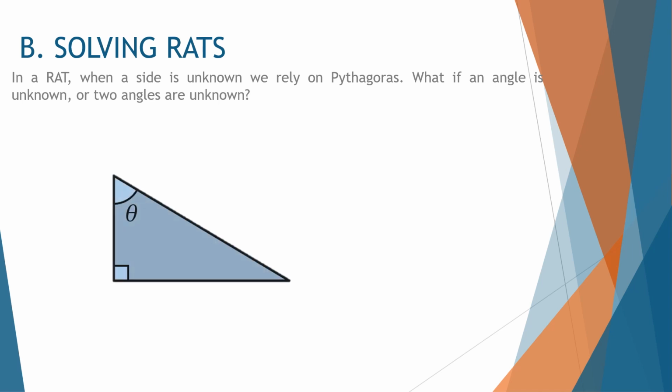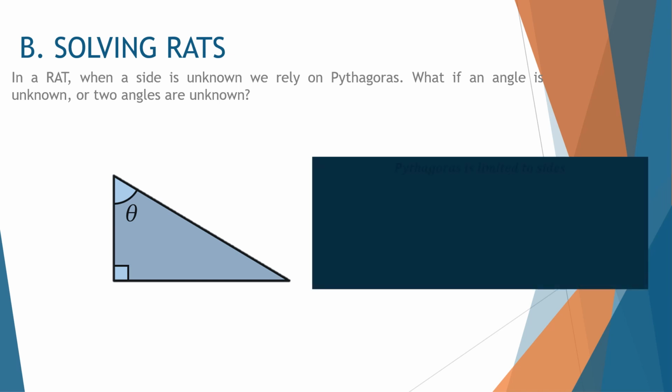So we have our triangle, we have our 90, and we have theta. Pythagoras is limited to sides or lengths, and the interior angles of a triangle require two angles given. We can't use interior angles of a triangle unless we have two given angles and one missing angle.